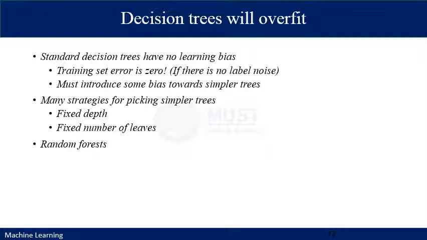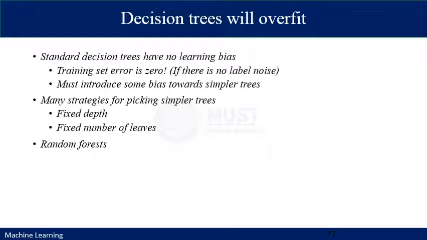So to overcome the problem of overfitting in decision trees, standard decision trees with no learning bias are used. That means you do not make assumptions about the data, or you do not provide an additional value to compute your decision trees.